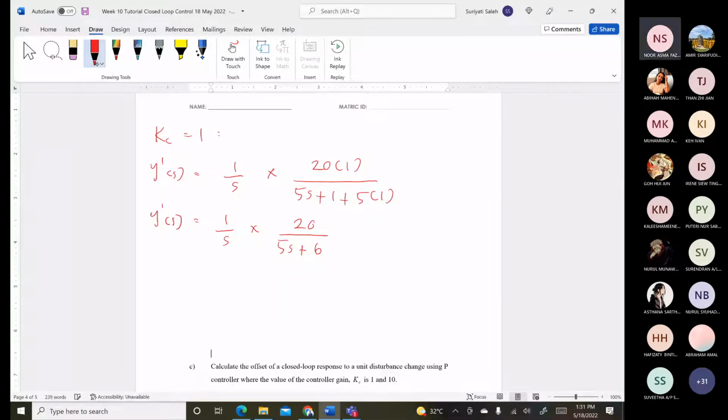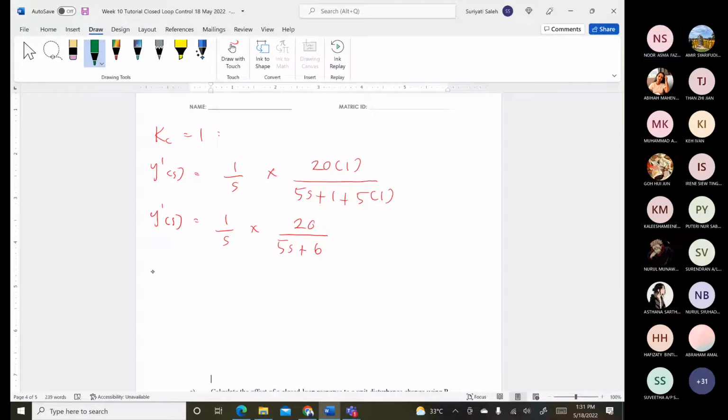So if you take a look at the slide given to you last week, the final value theorem indicates that if we want to find y prime at infinity, we set the limit s becomes 0.